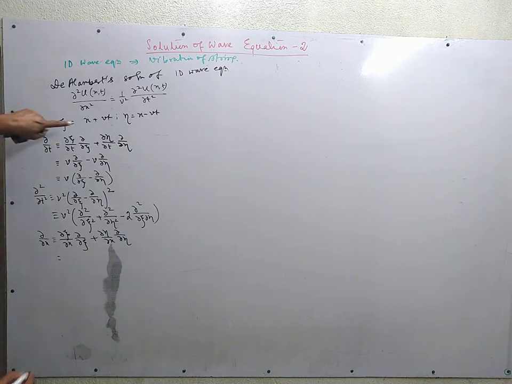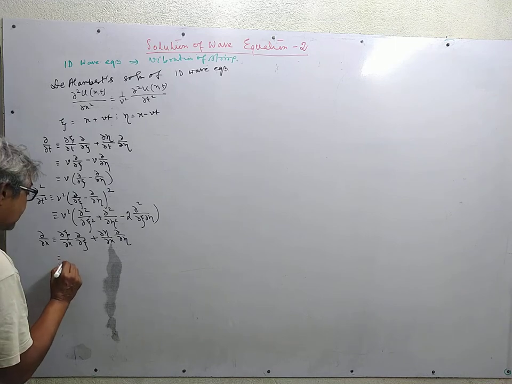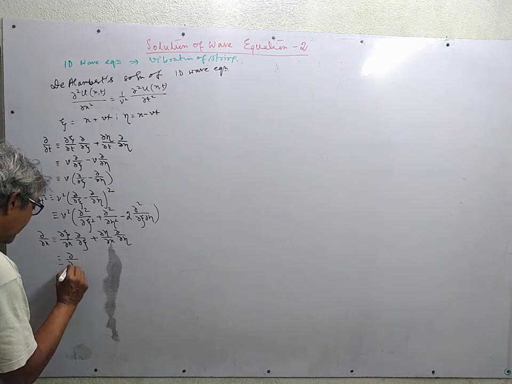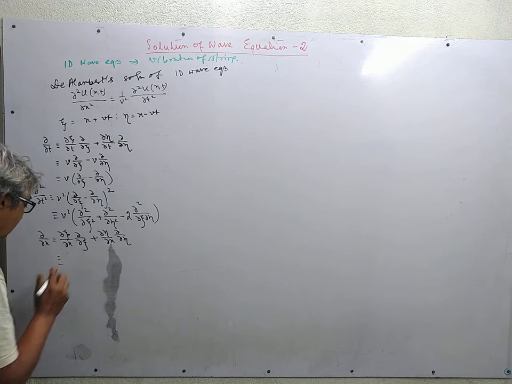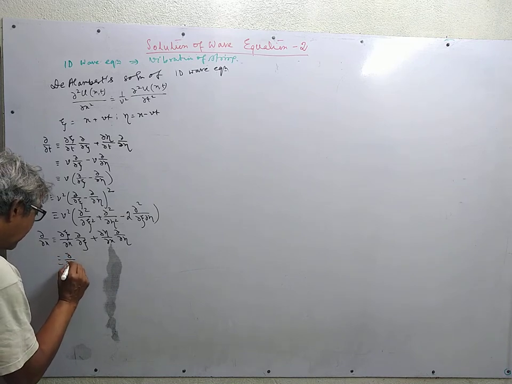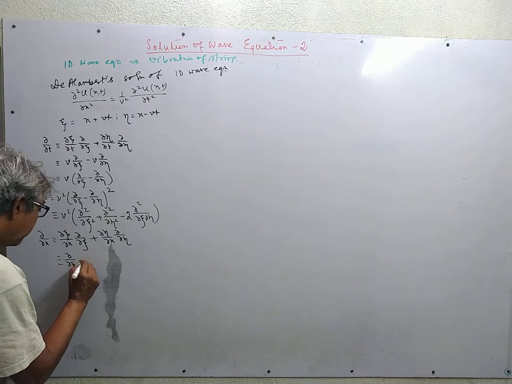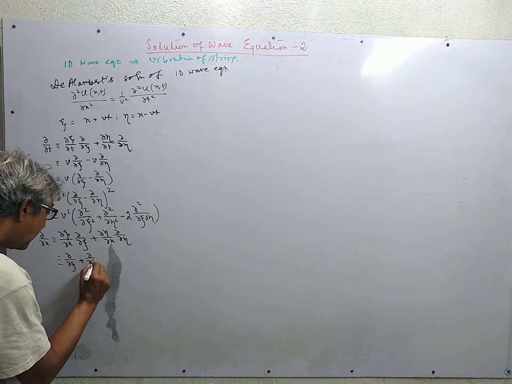We see that this is 1, so this is del by del xi plus del by del eta.